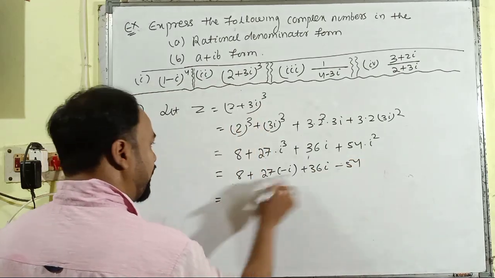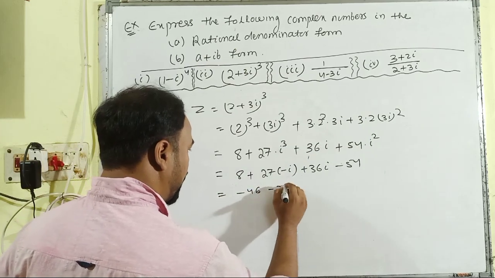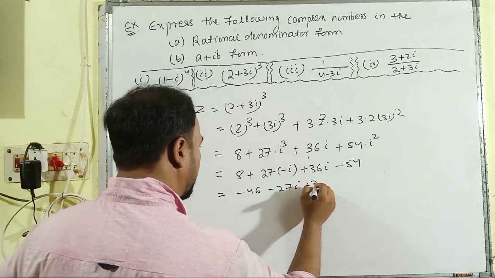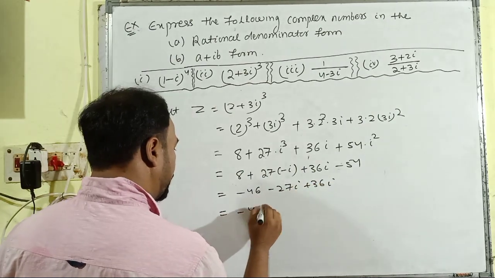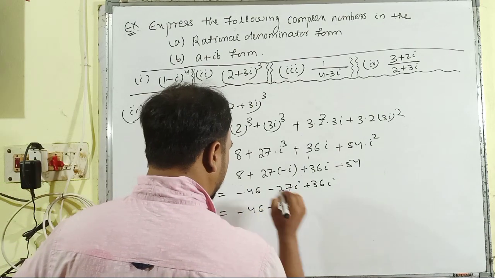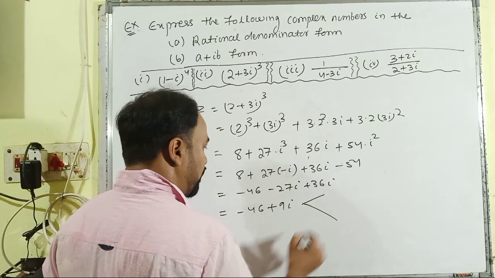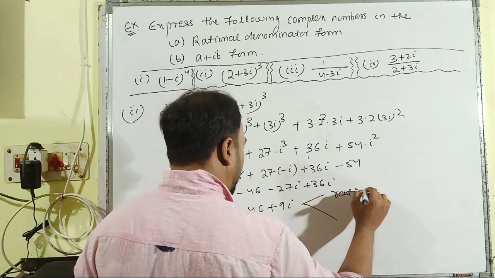So it will be 8 minus 54, that is minus 46, minus 27i plus 36i, so minus 46 plus 9i.